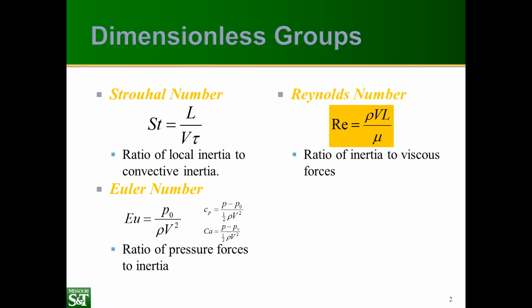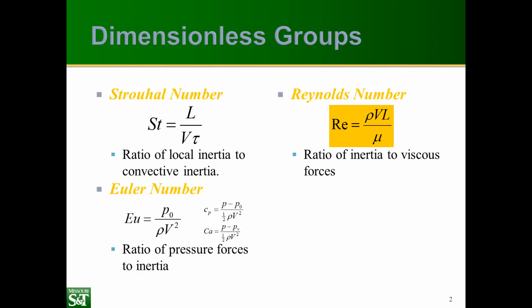We also have the Reynolds number. The Reynolds number is probably one of the most important dimensionless parameters in fluid mechanics. It shows up in many important problems. And it's basically the ratio of the inertia of the flow to the viscous forces in the flow. So again, it's like mass over force, but in this case for viscous forces rather than pressure forces.